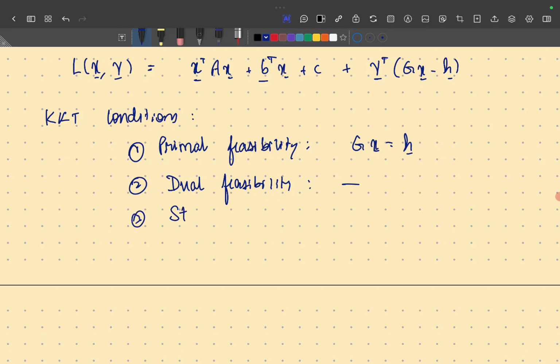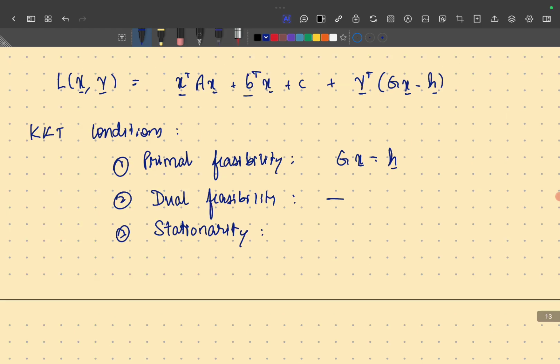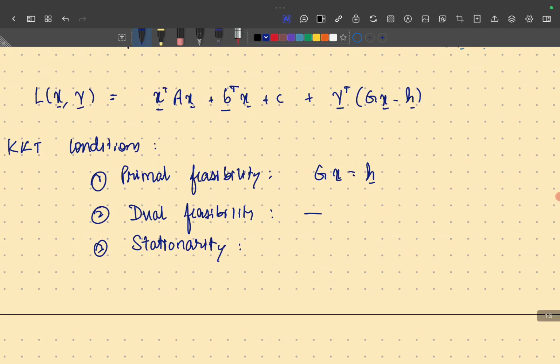Third is stationarity. So the gradient of the Lagrangian with respect to x should be equal to 0. What is the gradient of this with respect to x?